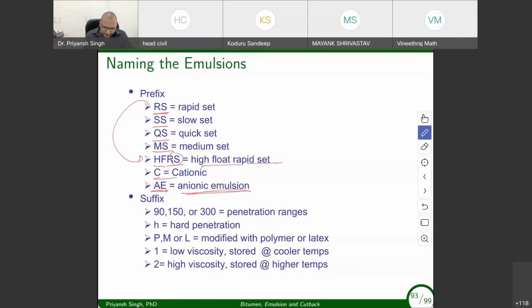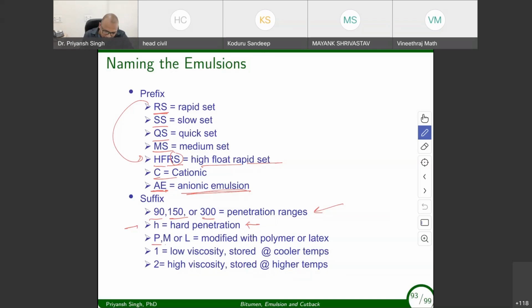We can have some suffix like 90, 50, or 300, which indicates its penetration range. If we have the suffix H, that gives an indication of penetration value. That is hard grade bitumen, or hard penetration emulsion, formulated from a binder having a hard penetration value.